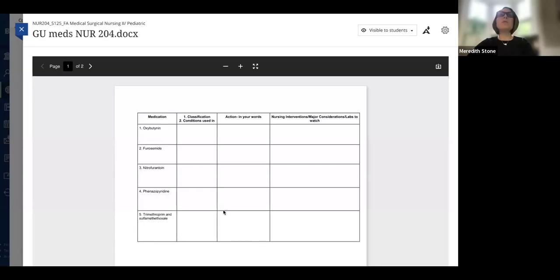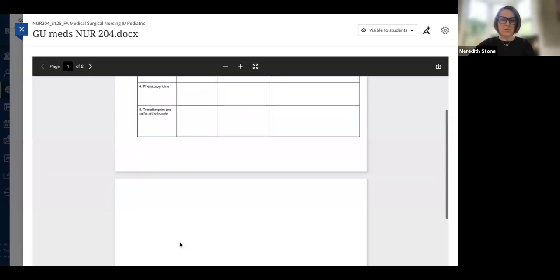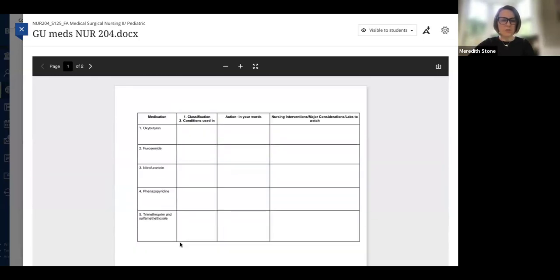This recording will not be as long as your class would be because we would be doing some interactive things in class. One of the things we would be doing is filling in this med sheet. I like to do this with every class. There's not as many for GU, which is nice. But I absolutely recommend that you make sure you know about these medications when you are preparing.